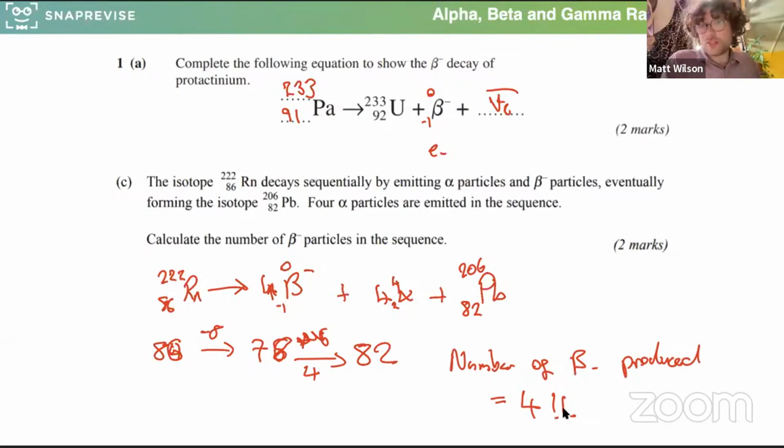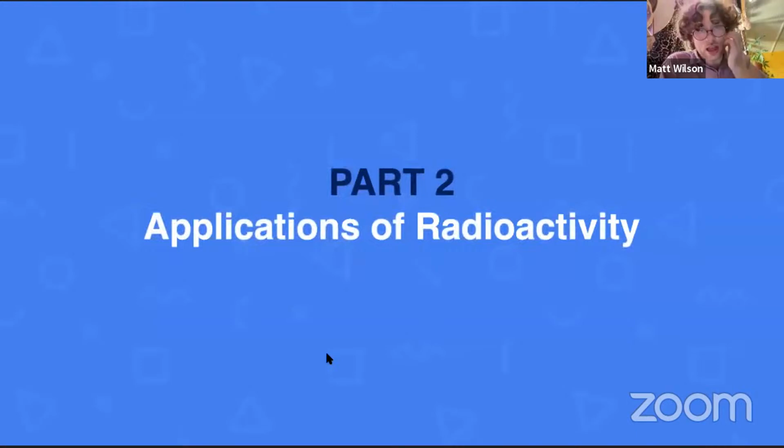So the first half of this session, I would say, was mainly quantitative. But now we're going to do more qualitative stuff. We're going to be talking about, as promised, the applications and also the dangers of radioactivity. So far, this has been super abstract, right? We talked about nuclei and we talked about how they might decay in various ways. And when they decay, they tend to produce something smallish that's going to fly off. It might be an alpha particle that flies off the nucleus.